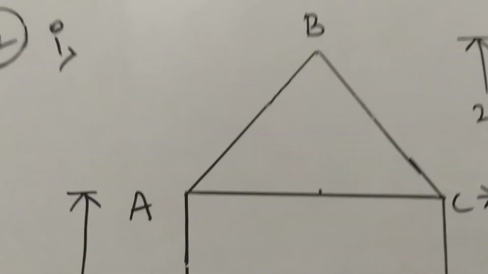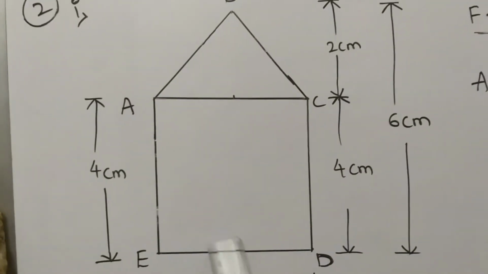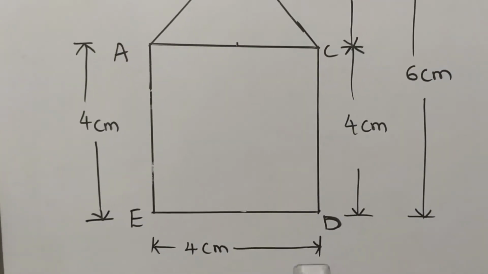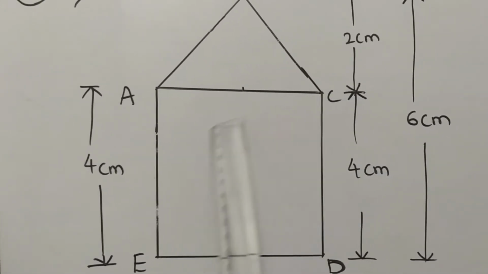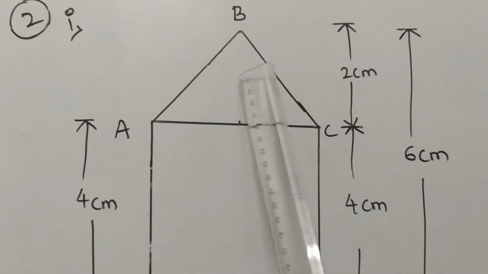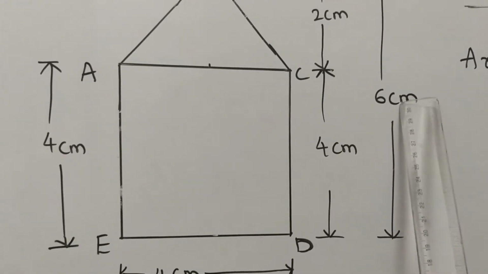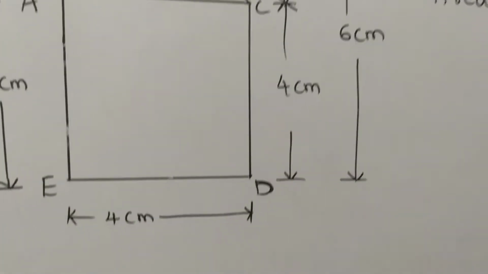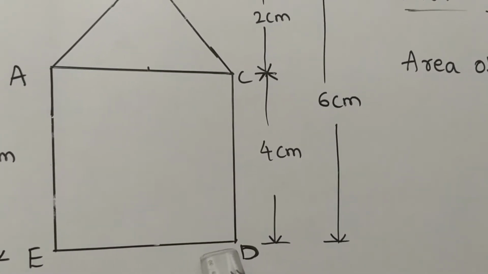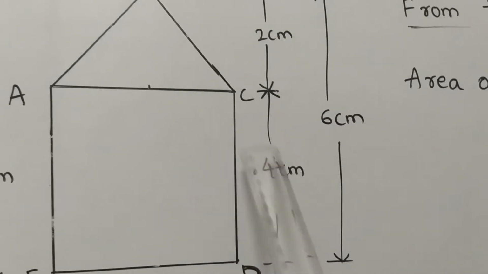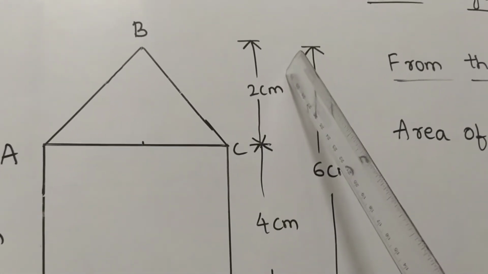See here, students, this is the diagram of the second bit, first one. Like this the diagram is given, and this side is 4 centimeter and this is also 4, so it is a square, and this is a triangle. Now here the total height given is 6 centimeter. From this we can take CD as 4 centimeter and the remaining will be 2 centimeter.